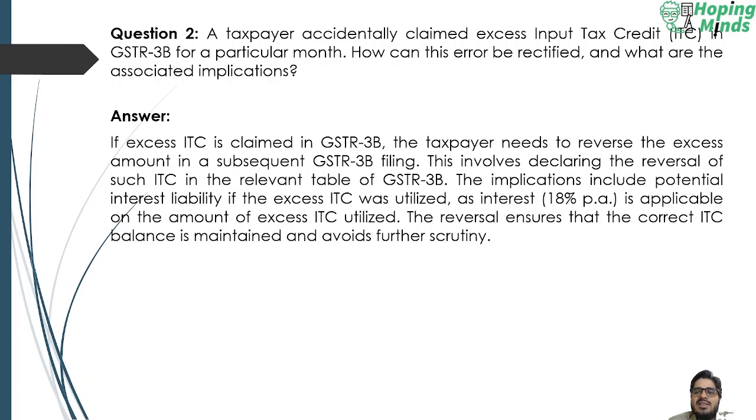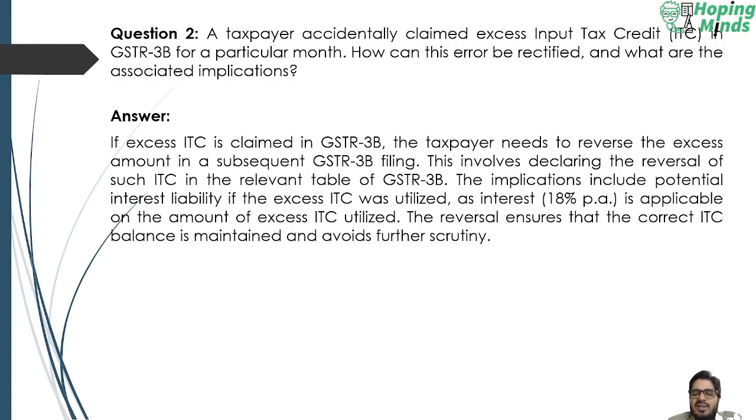So, in case excessive input tax credit has been claimed in a particular month, then the SSE is required to reverse the same in the subsequent month's GSTR 3B return. Under the input tax credit table of the GSTR 3B return, there is a specific column for ITC reversal.